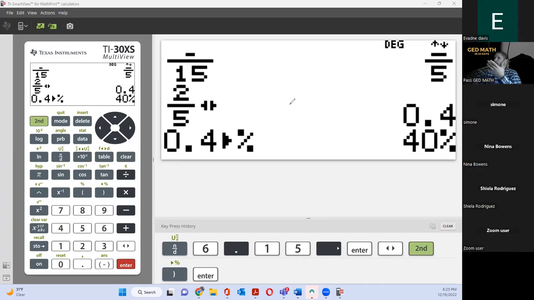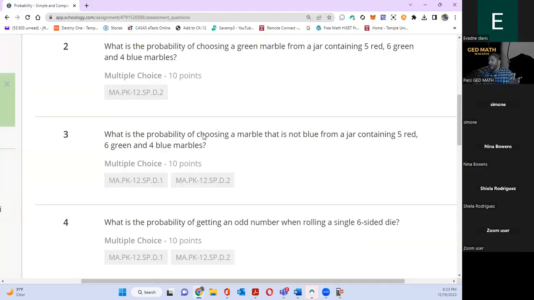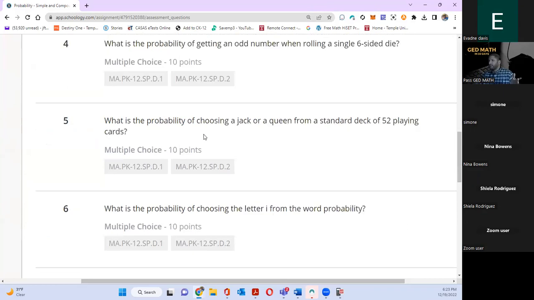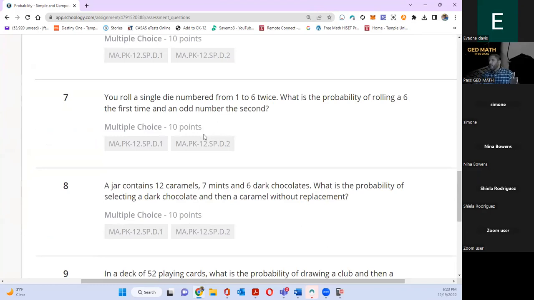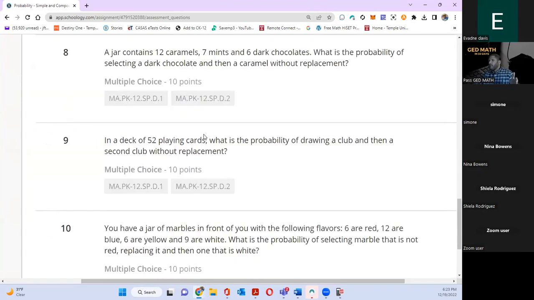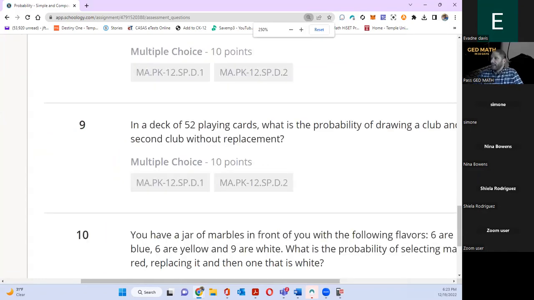So let's find another probability problem. Well, let's see. Let me find a compound probability. Okay, there we go, right there. Number 9.